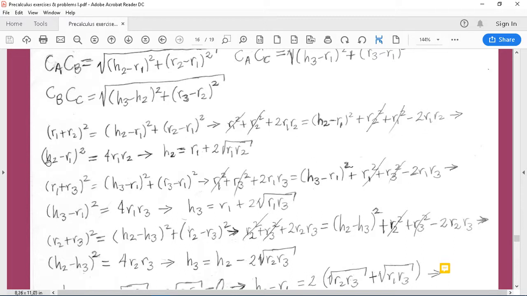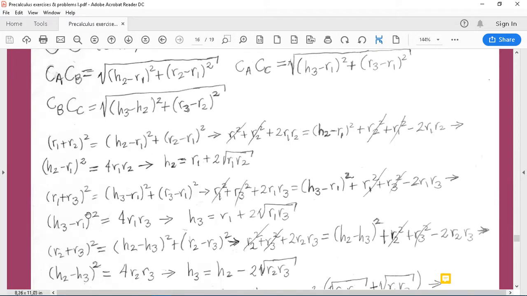So that leaves us with the square of H2 minus R1 equals 4R1R2, and therefore H2 equals R1 plus 2 times the square root of R1R2.